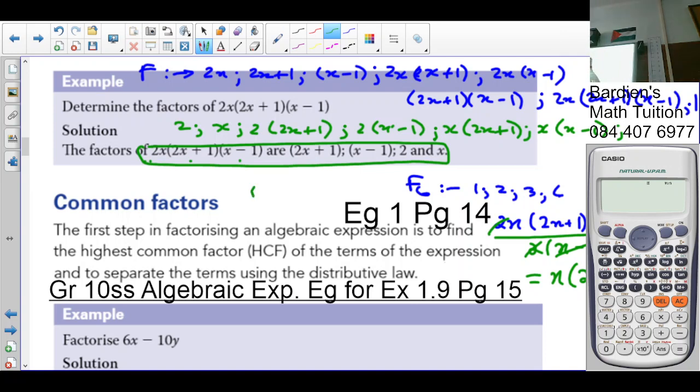So if you're looking at the factors of 6, which is 1, 2, 3, and 6, if I take any of these numbers, it will give us a whole number without a remainder. Okay. So 6 over 2 would be 3, 6 over 6 would be 1, and so on and so on. You understand? So the factors mean the same. It is numbers that can be divided into without a remainder. Okay.